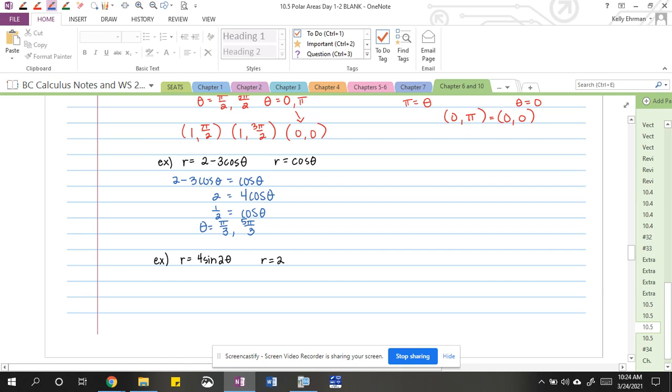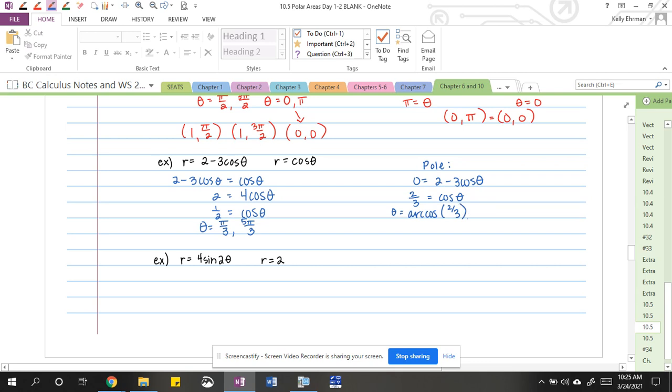All right. What about the pole? 0 equals 2 minus 3 cosine theta. So 2/3 equals cosine theta. That's not one of our common angles, whatever arc cosine of 2/3 is.